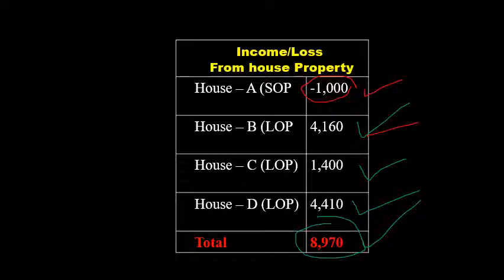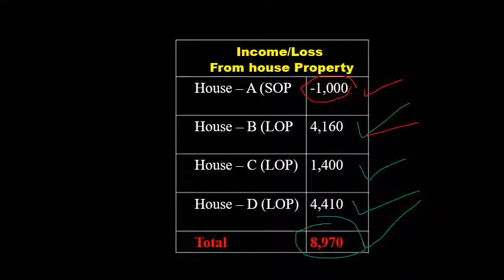My suggestion is you calculate separately: house A separately, house B separately, house C, D, or any number of houses if given, calculate them separately. Earlier I calculated combinedly because I calculated only some stages, related to gross annual value or net annual value, where the information was the same, similar values, and only more properties were given.